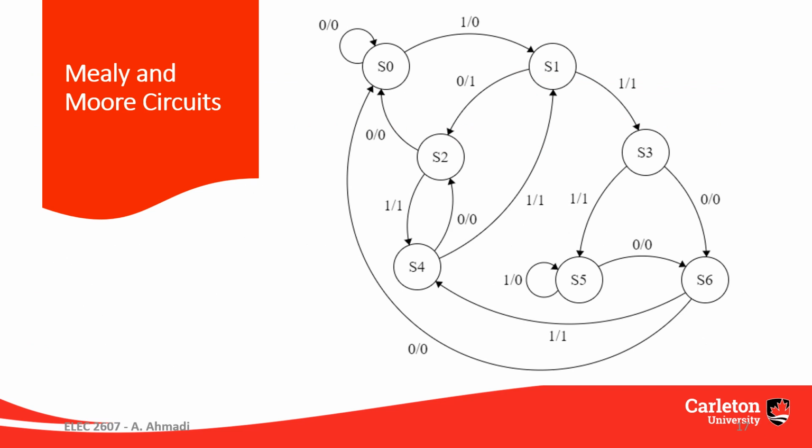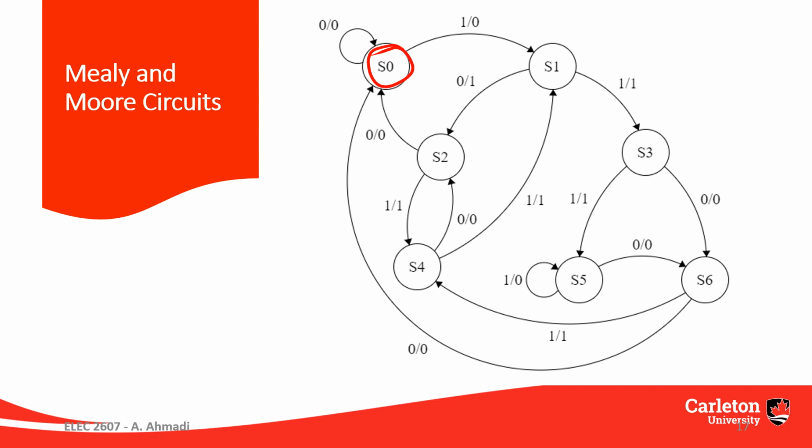For example, have a look at this state diagram here. What do you think? Is it a Mealy machine or a Moore machine? Check. The check is, if you are in any specific state, just pick any of them. Let's say here, as I said, S0.